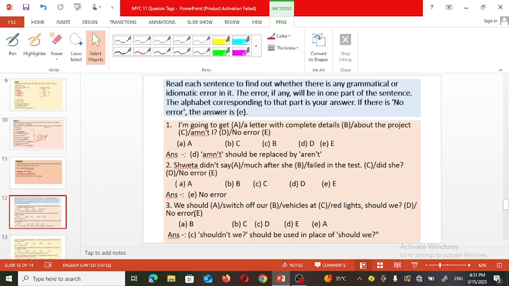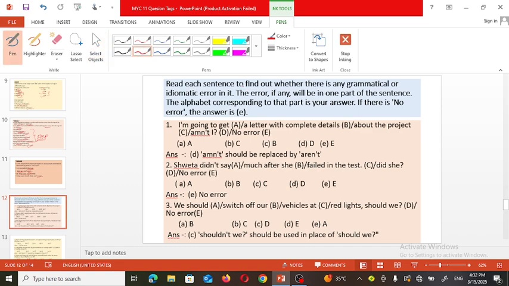Now with the help of these rules, we are going to solve this question. This kind of knowledge is useful for us not only while finding the error, but also when we are required to complete the sentence by using appropriate prepositions, or fill in the blanks in such questions. Now just go through the question.